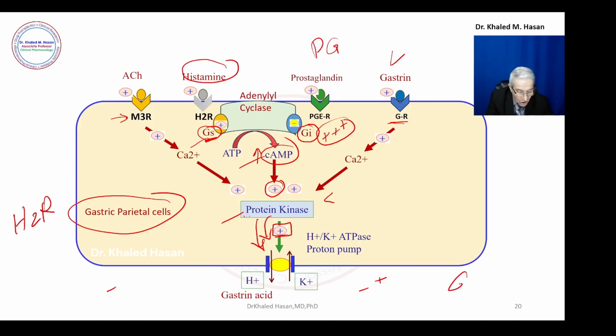When you say GI, I stands for inhibitory effect. So that means when prostaglandin binds to the receptor and activates GI protein, the result will be an inhibitory effect, inhibiting adenylate cyclase.